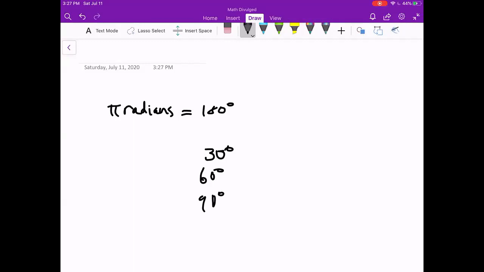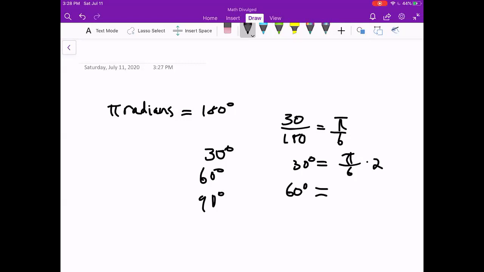If pi radians is equal to 180 degrees, then 30 over 180 is equal to 1/6. So that means that 30 degrees is equal to pi over 6 radians. Similarly, 60 degrees is equal to, well, we can just double this 30 degree value, times 2, and that gives us pi over 3 radians.